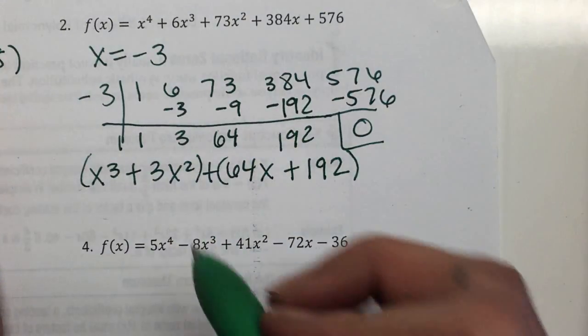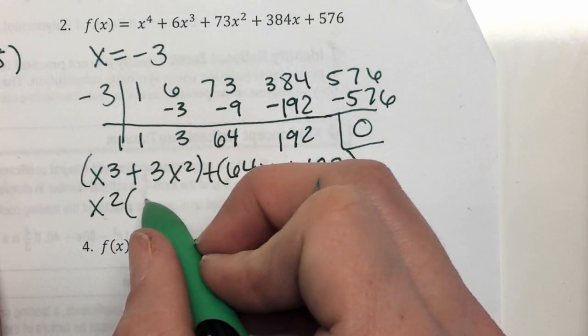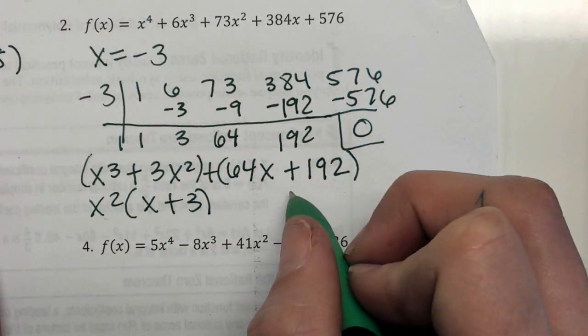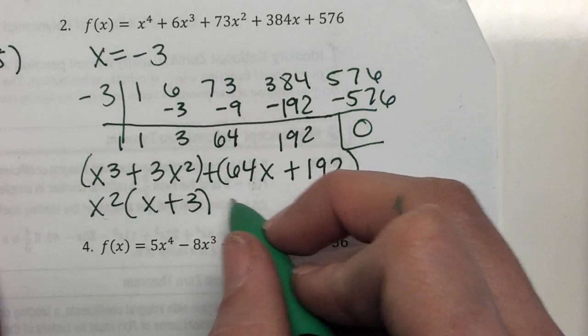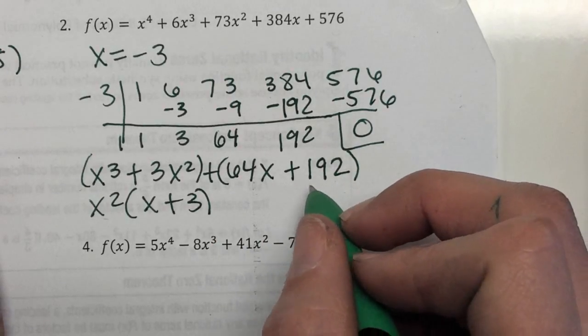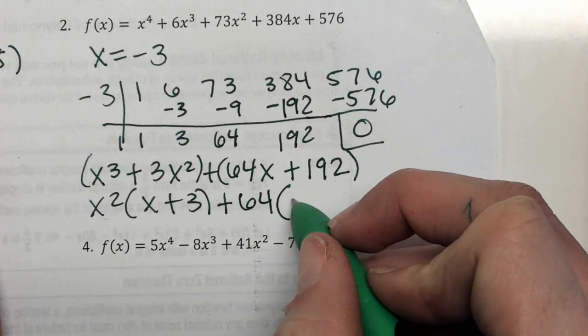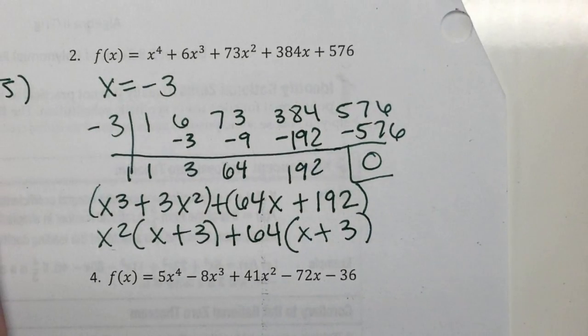Alright, what can I take out here? Alright, what goes in the middle? And what do these have in common? Check, make sure. 192 divided by 64. Does that work? So what goes in the middle? Very good. We are rocking it.